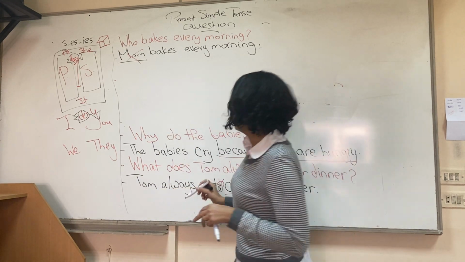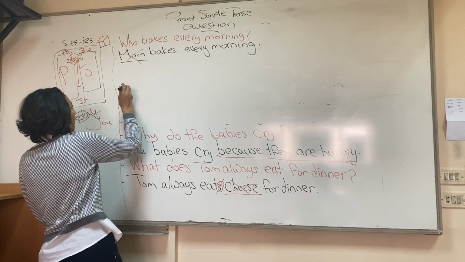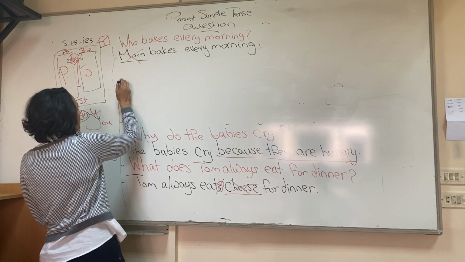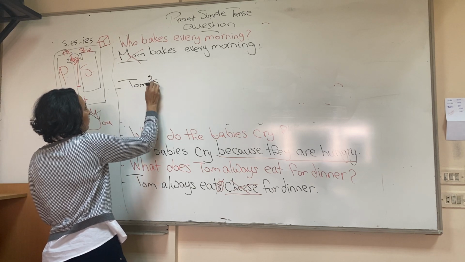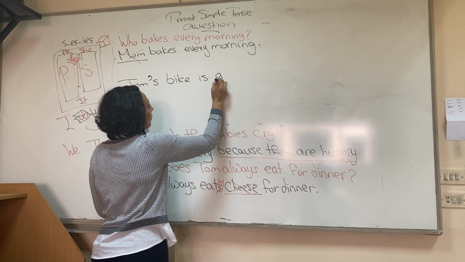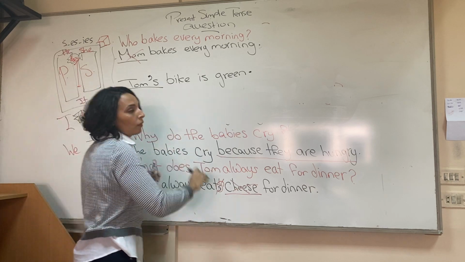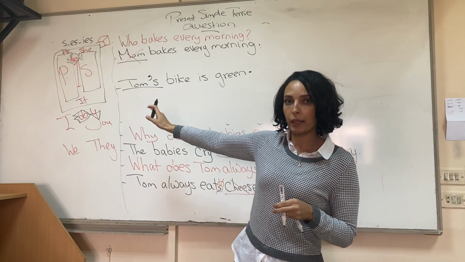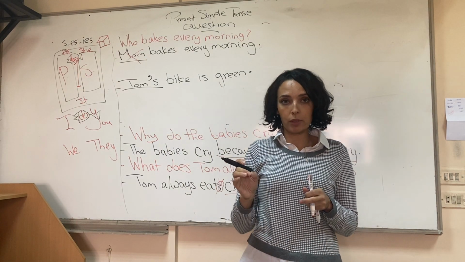And the second one, I want to ask about Tom's. My sentence is Tom's bike is green. I want to ask about Tom's.